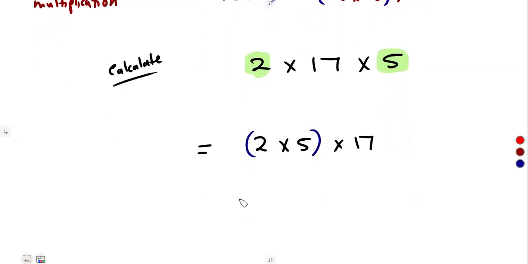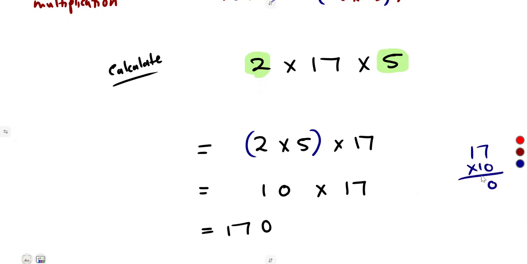You can rewrite in the way that you understand, so that you multiply 2 times 5, you know that it's 10. And multiplying 10 by 17 is easier again, because you know that you're just going to put a 0 there, so it will be 170. Or you can do the proper multiplication: 17 times 10, 0 placeholder, 1 times 7 is 7, 1 times 1 is 1, 170.